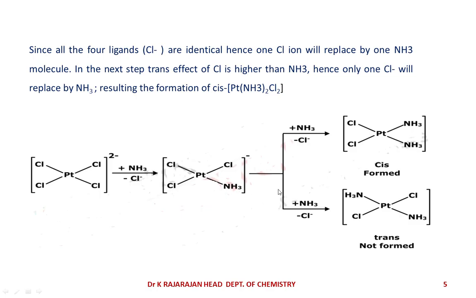But in actual conditions, what is happening is determined by the trans effect. Which one has the higher trans effect? Here, the chlorine has a higher trans effect than the ammonia. That is why it will form the cis product.